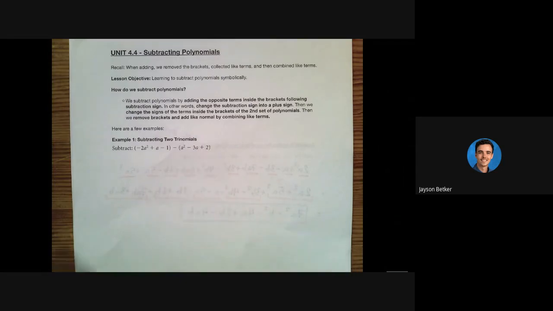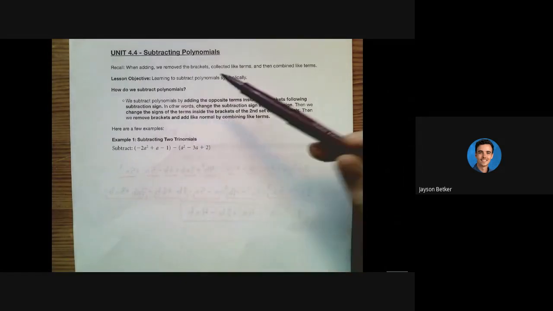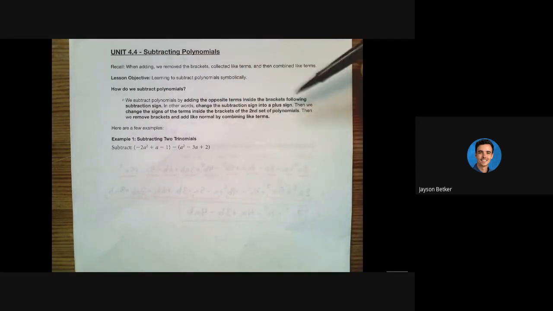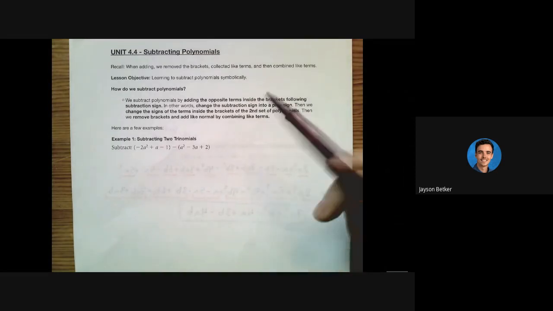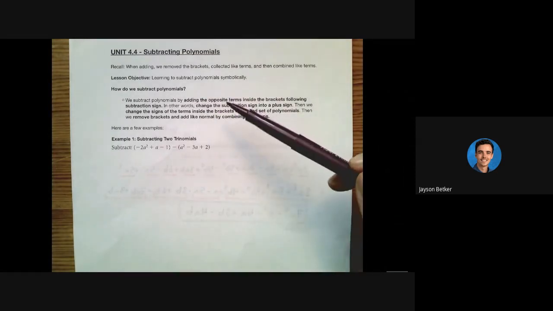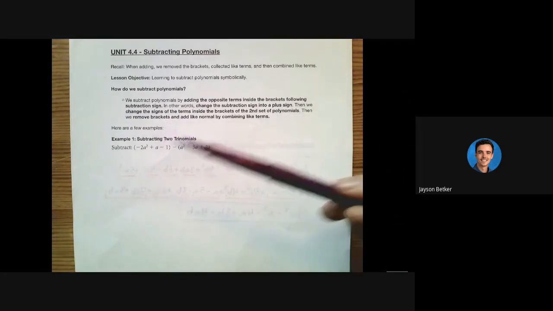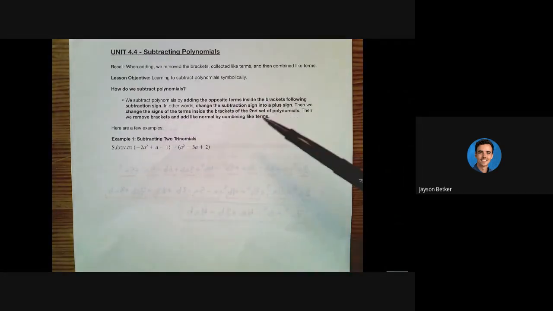So when we subtract polynomials, we end up adding the opposite of the terms inside the brackets following the subtraction sign. In other words, we change the subtraction sign into a plus sign. Then we change the signs of the terms inside the brackets of the second polynomial. Then we remove the brackets and add like normal. That's just one way to think about it.